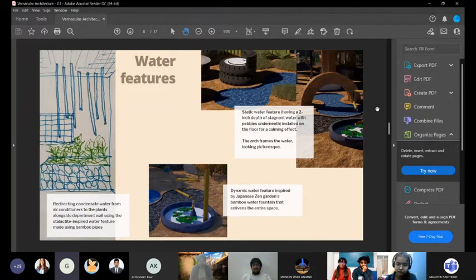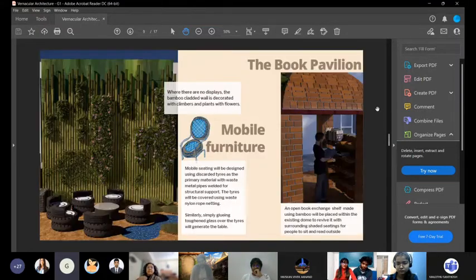The planters would be covered with a gabion wall, a metal mesh filled with stones, and in that the plants would be kept. The plants we have chosen are also mosquito repellent, like marigold and rosemary.